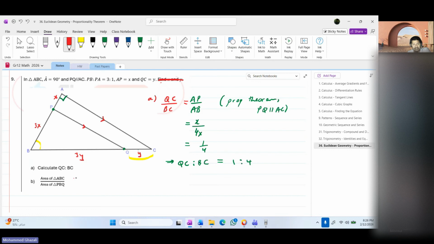So now it's easy to solve. What's the area of triangle ABC? Half, we are using the sine rule, guys.